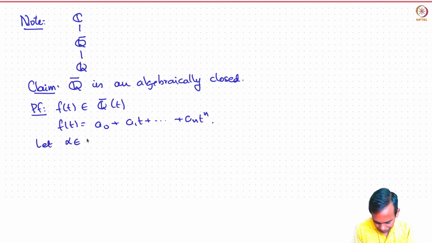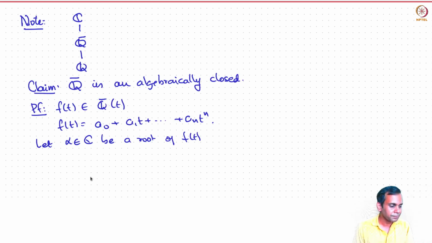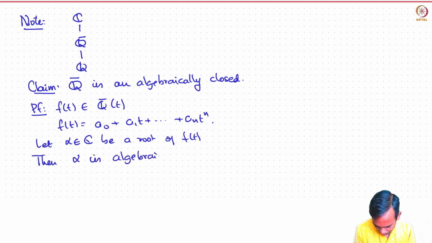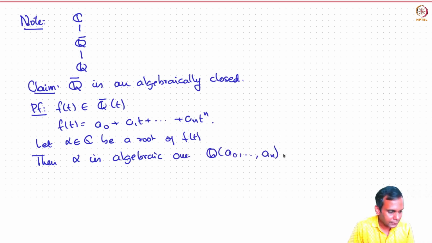Let alpha be a root of f(t). f(t) is a polynomial with complex coefficients, so it has a root, and then alpha is algebraic over the field Q(a0, ..., an). So we are using the same trick again of adjoining the coefficients of the polynomial.